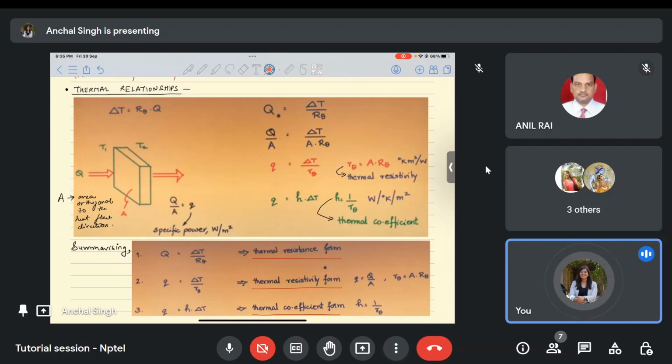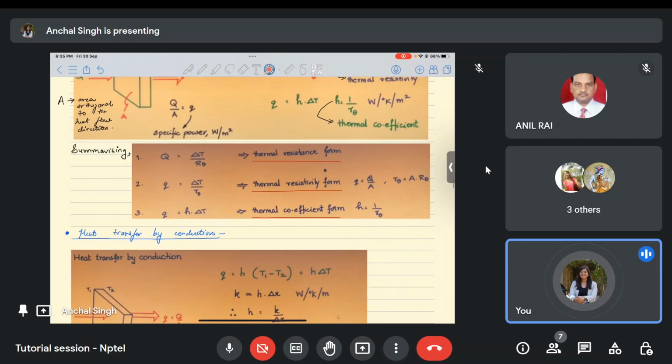To convert this expression into specific power, we divide the whole expression by capital A, and then you obtain Q equals delta T by small r theta. This small r is called thermal resistivity. Capital R theta is thermal resistance, small r theta is thermal resistivity, and H is the thermal coefficient.